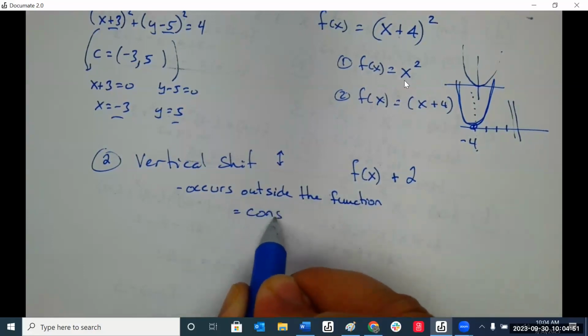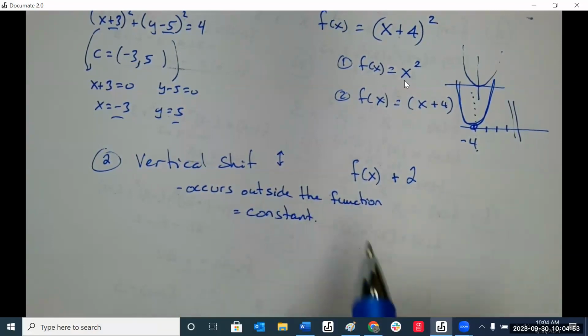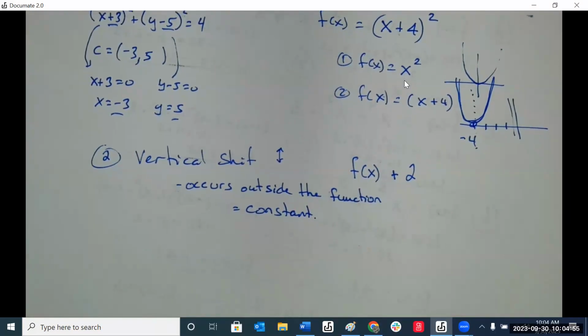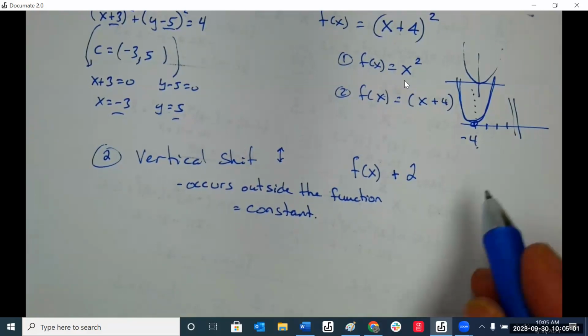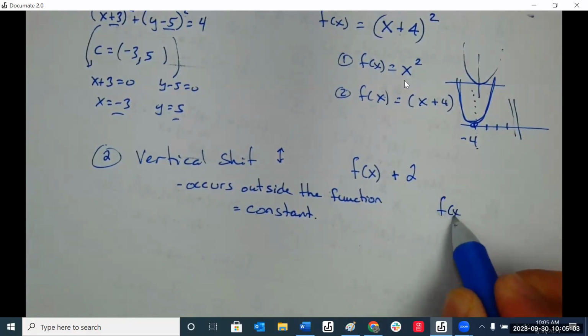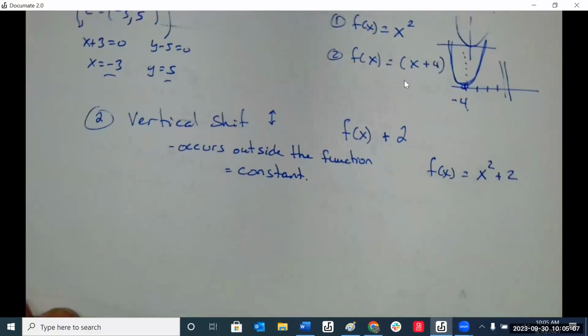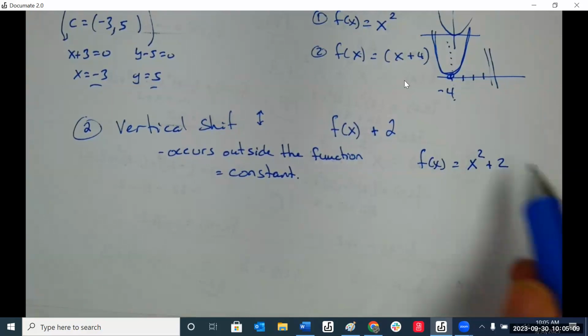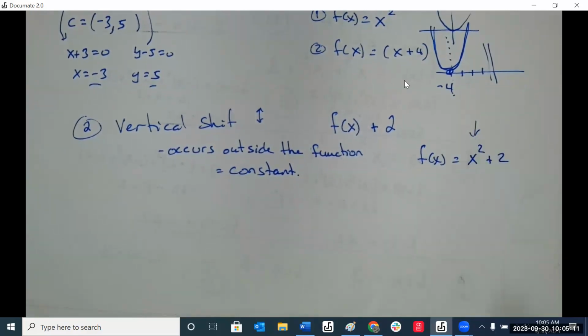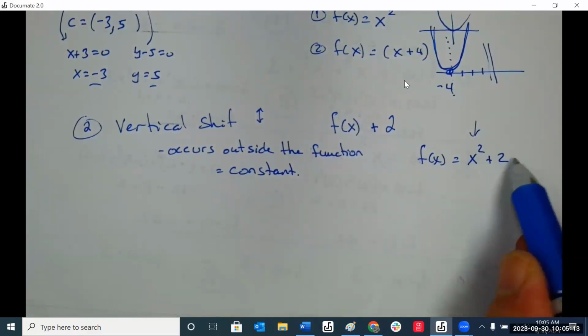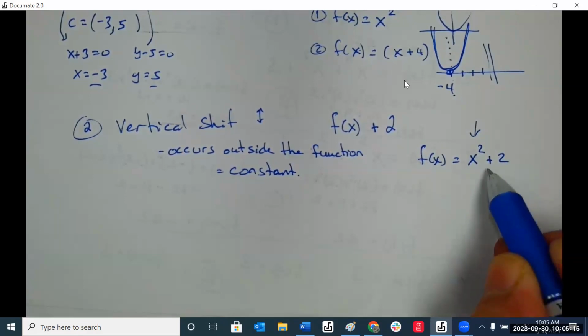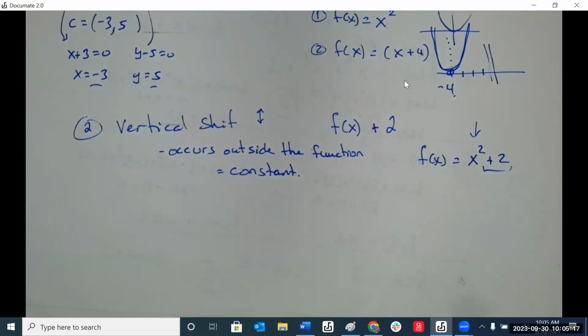It's a constant. If I had this function, there's the function, there's the x. This is outside, has nothing to do with x. So this is a vertical shift.